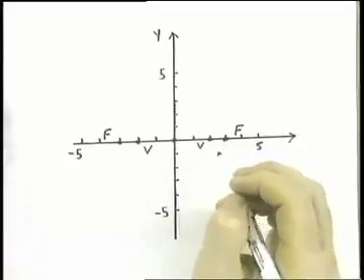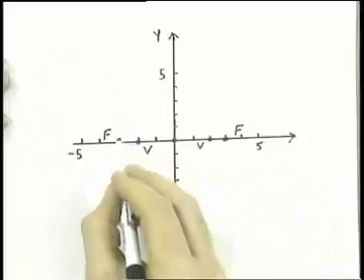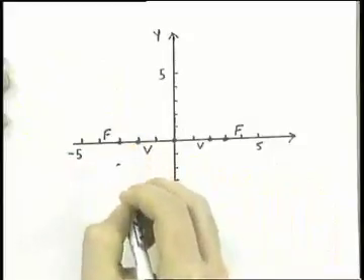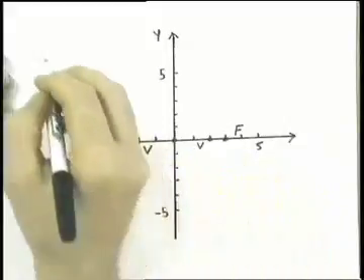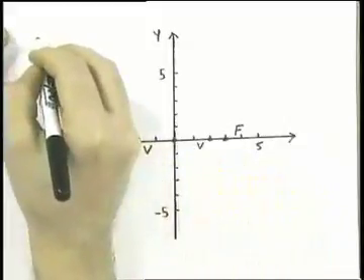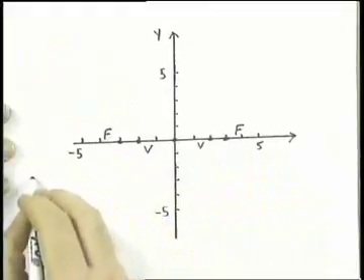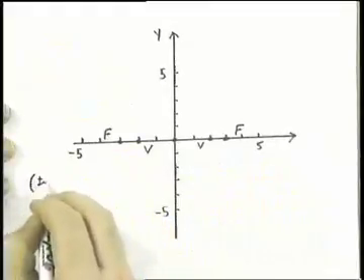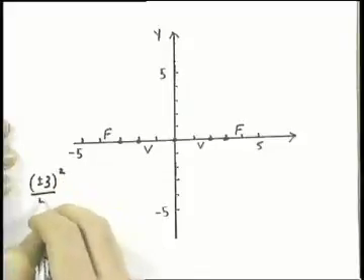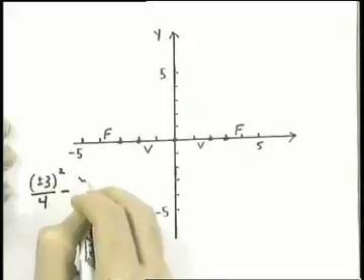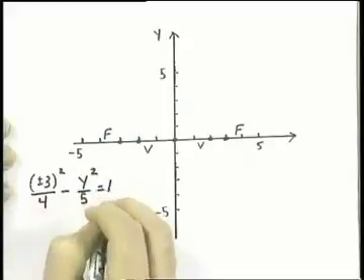Now, the problem is we have no idea at all how wide to make the opening. To help us determine this, what we're going to do is use the equation and find points above and below the foci. I'm going to find points above and below the foci by letting x equal plus or minus 3 in the equation. So here we go. We're going to have plus or minus 3 squared over 4 minus y squared over 5 equals 1.